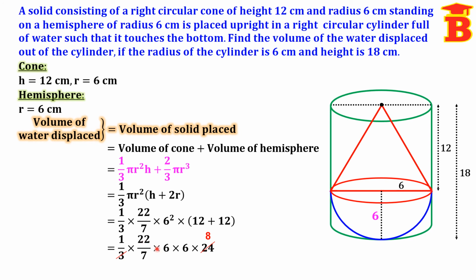So if we multiply all the numerator and finally divide by 7, we can get the accurate answer, but both are correct only. So here just multiply all the numerator numbers and then divide by 7, we get the answer 905.14 centimeter cube. So remember, volume we have to write cubic units.